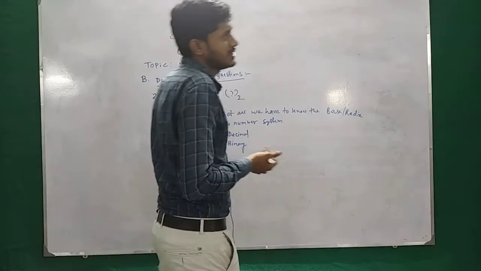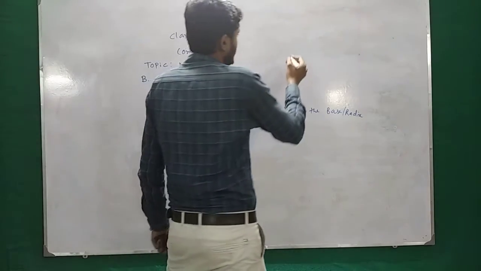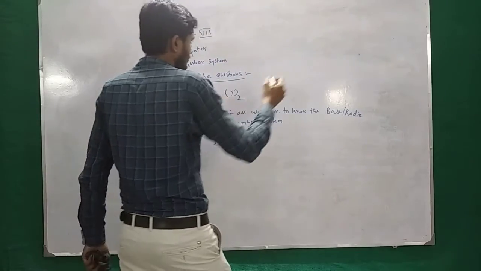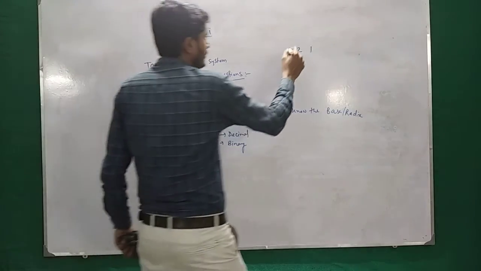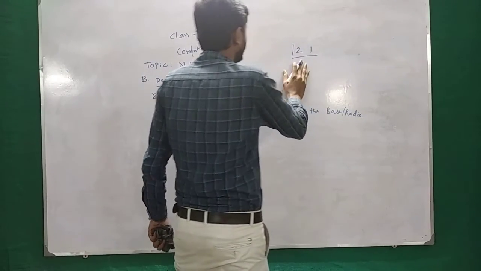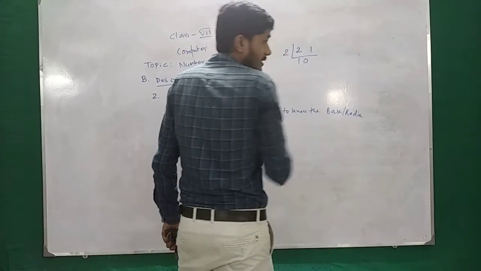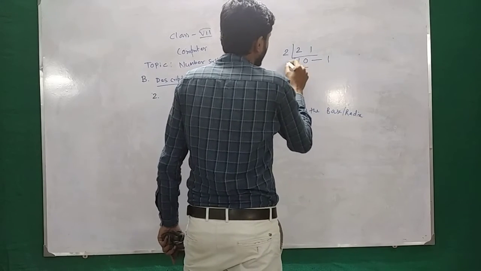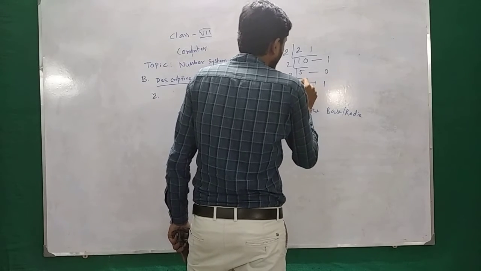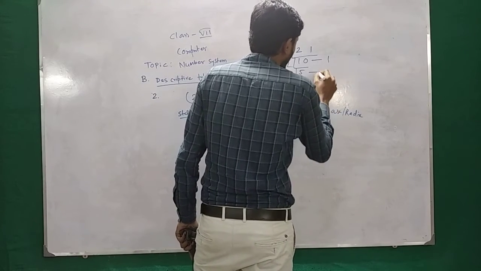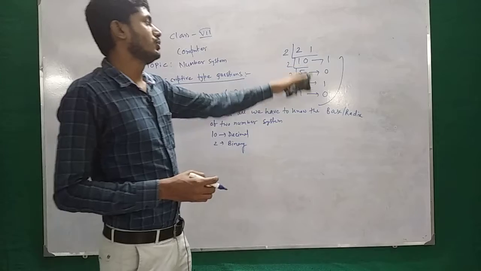If we convert a decimal number system into its equivalent form of binary, octal or hexadecimal number system, the process is the same actually. 21 is divided by 2. 2 tens are 20, that means remainder is 1, next 2 5s are 10, remainder is 0, next 2 2s are 4, remainder is 1, 2 1s are 2, remainder is 0. So the answer is read bottom to top. So the answer is 10101.